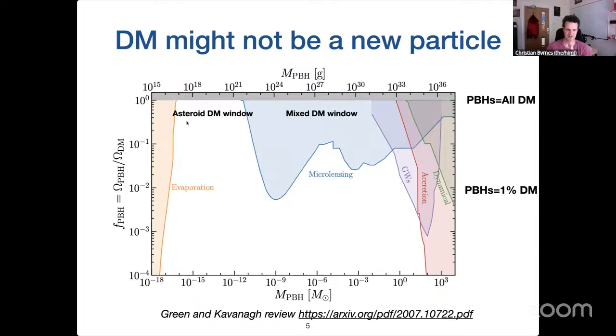And as I said, if you form with a relatively light mass, below about 10 to the 17 grams, then you would see the impact of Hawking evaporation. If you're about 5 orders of magnitude heavier or above, then you should see signs of microlensing, and I'll explain what that is in the next slide. And then when you get to much heavier masses around the solar mass, the bottom horizontal axis is in solar masses, the upper one is in grams.